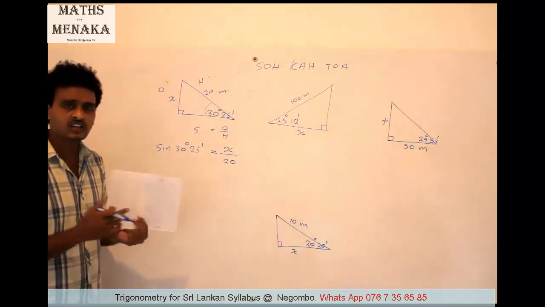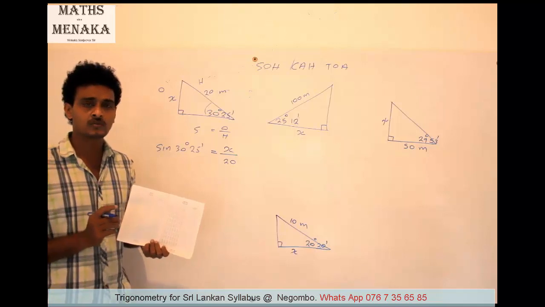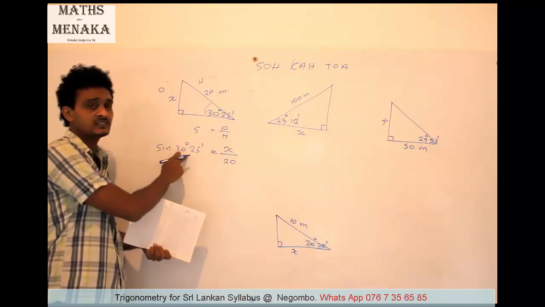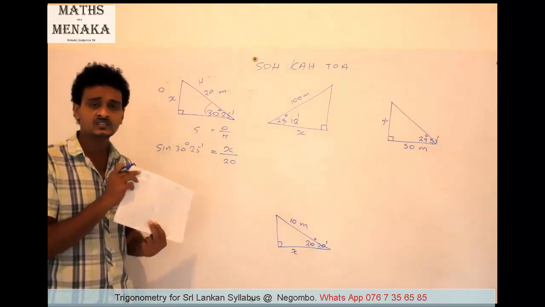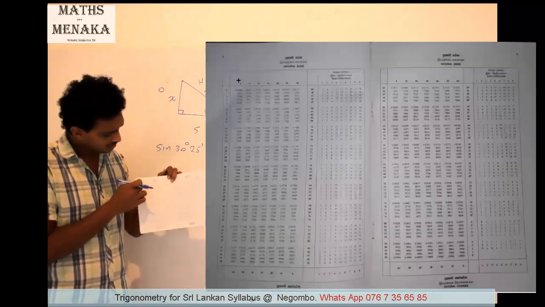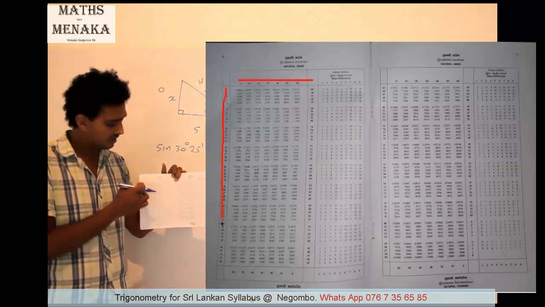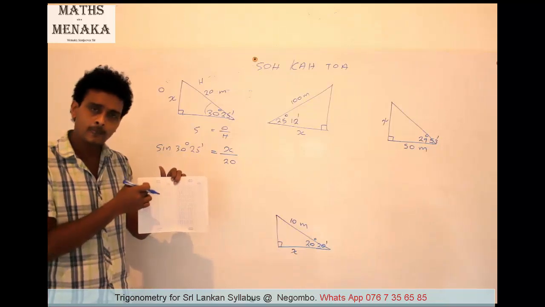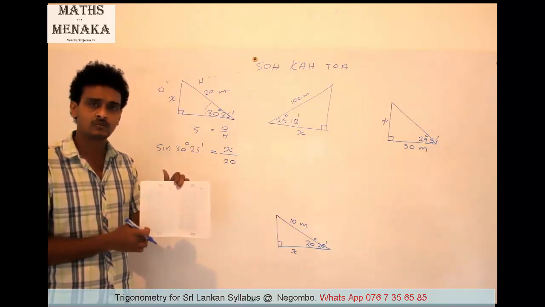When you go to the trigonometric table, first we have to find the sine value of 30 degrees and 25 minutes. So you have to go to natural sine. In the natural sine, you use the upper column and the left hand side column to get the value.